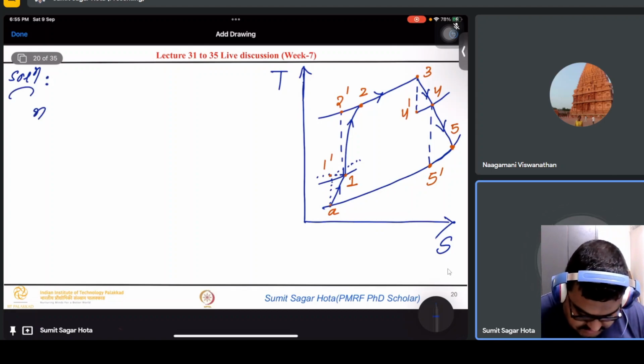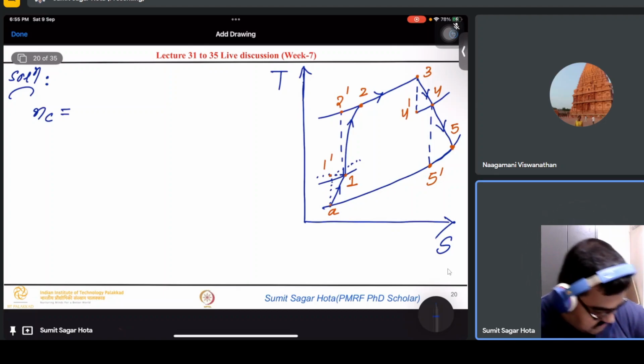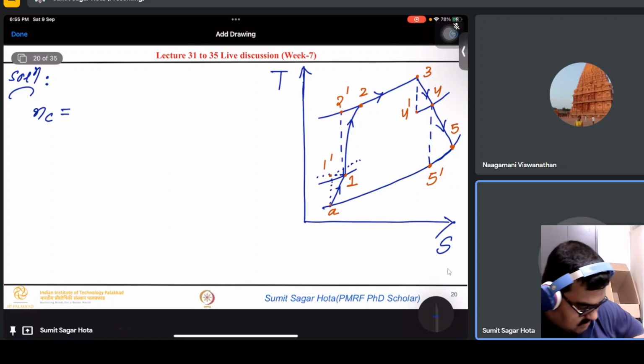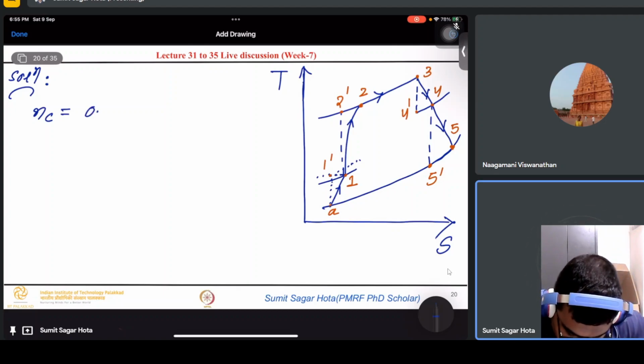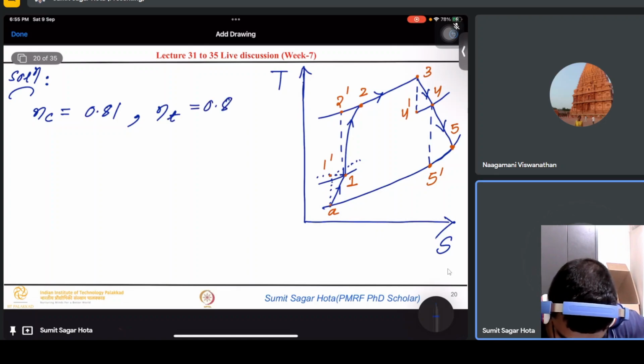What is the isentropic efficiency of the compressor? It is 0.81. Isentropic efficiency of the turbine 0.85.